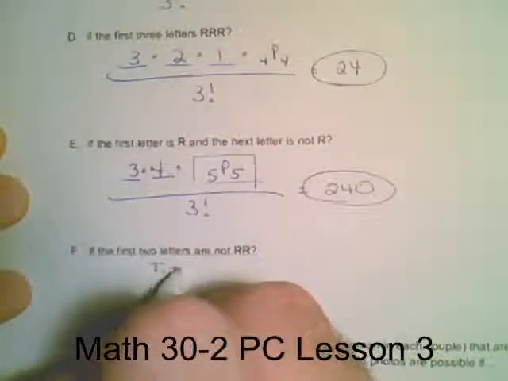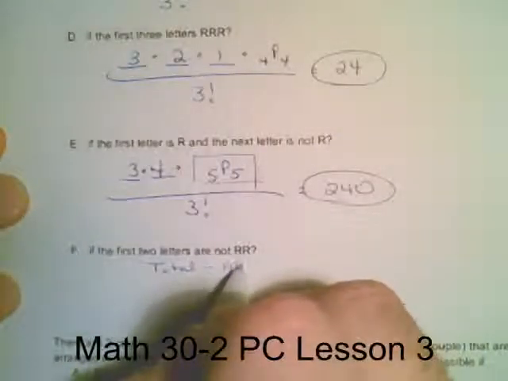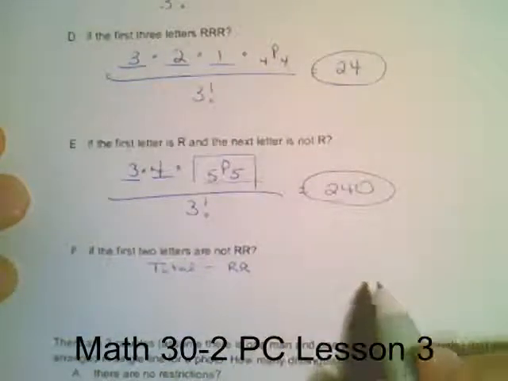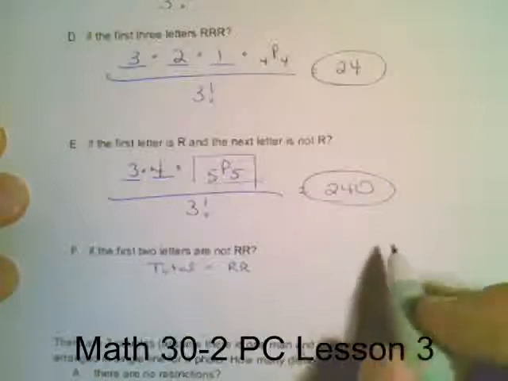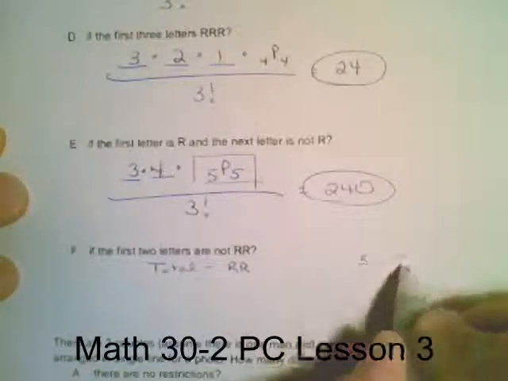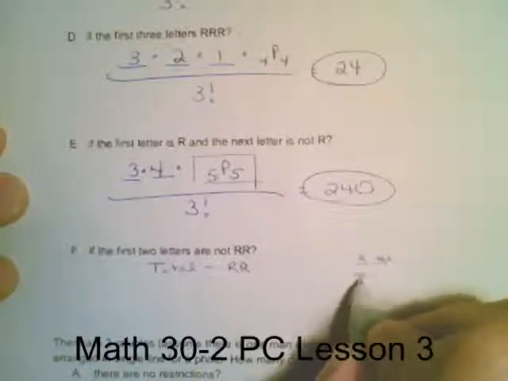Yep, 5 letters. Sorry, I had to count. So 5 pick 5. In that case, though, I still have to divide by the 3 factorial for the 3 identical R's. And what I end up with is 240. So I've got 240 arrangements of that.